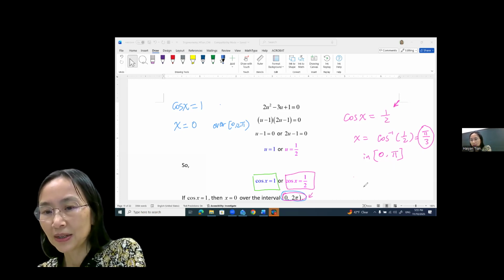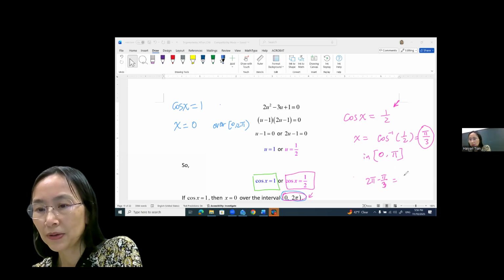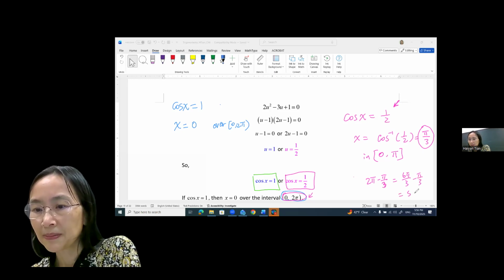So the fourth quadrant, the angle 2 pi minus pi over 3, which is, you know, 2 pi is 6 pi over 3, right? Minus pi over 3, which is 5 pi over 3.